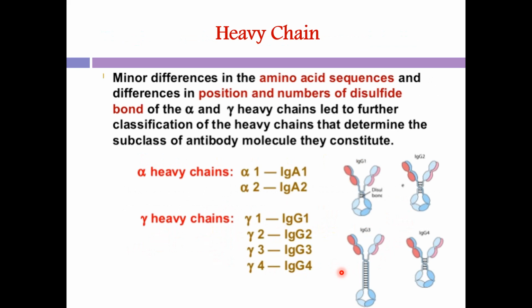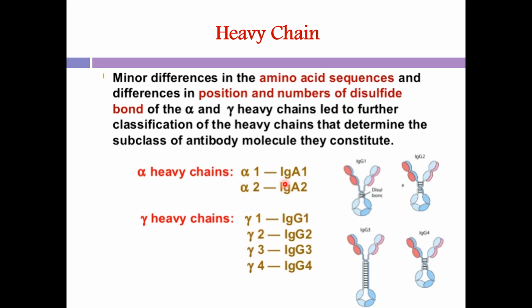Out of all these classes, the heavy chains of two immunoglobulins, IgA and IgG, are further classified on the basis of amino acid sequence and the different position and number of disulfide bonds in the alpha and gamma heavy chains.